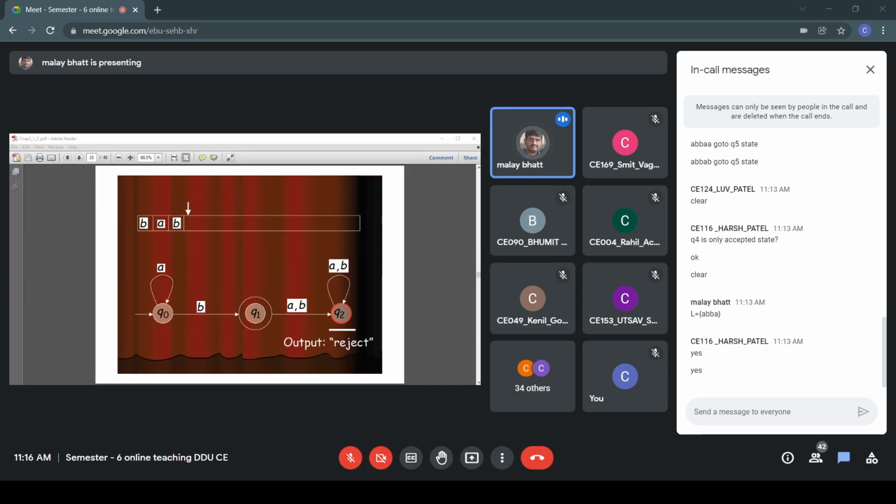It should not end up in the accepting state. Any invalid string should not end up in the accepting state. You are not allowed to accept invalid strings in the finite automata. Is it clear? Here you can see, if I accept BAB, it is an incorrect diagram.